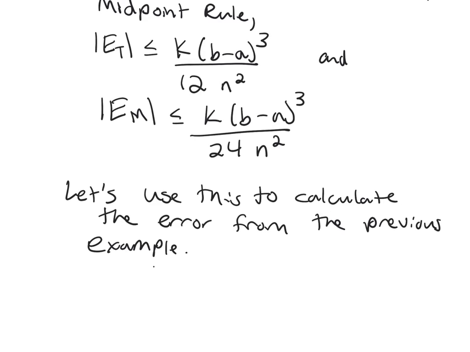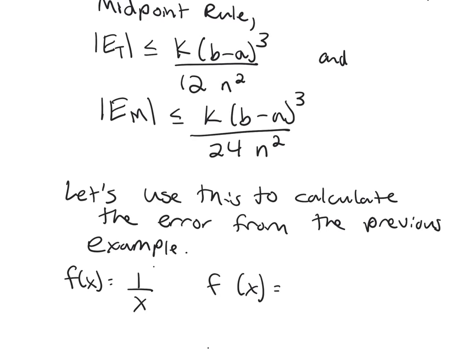So let's start with our function. In the last examples we were looking at 1 over x. What's the second derivative of that? Think of that as x to the negative first. Sorry, I see what I did. Let's start with the first derivative. I was trying to make you do too much at once.